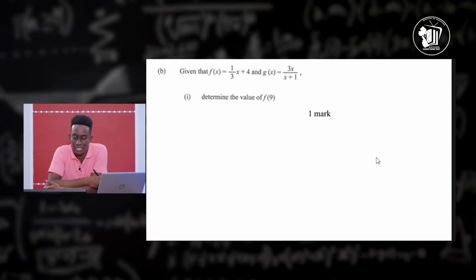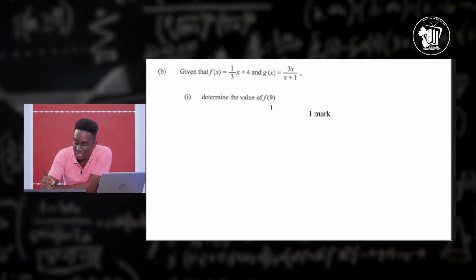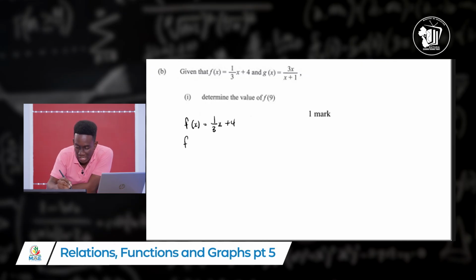The question says, given that f of x is equal to 1 over 3x plus 4 and g of x is equal to 3x all divided by x plus 1, determine the value of f of 9. So we'll substitute 9 into the function f, replacing x with 9.